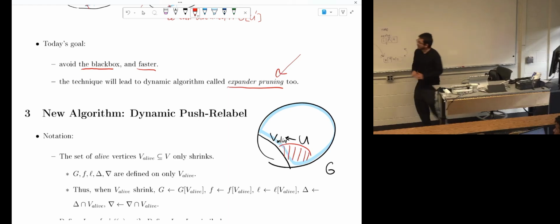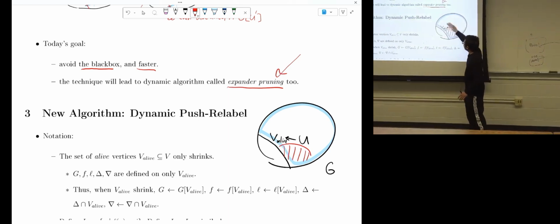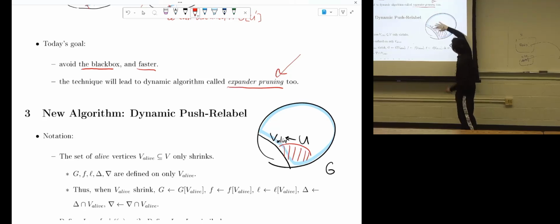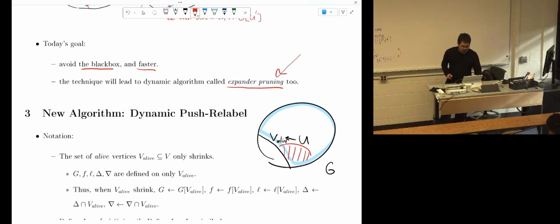The flow that I constructed on the alive part, I'm just going to restrict my flow to only the new alive part. The label too, and the source and sink as well. Just everything is restricted to the alive part. Nothing tricky here.